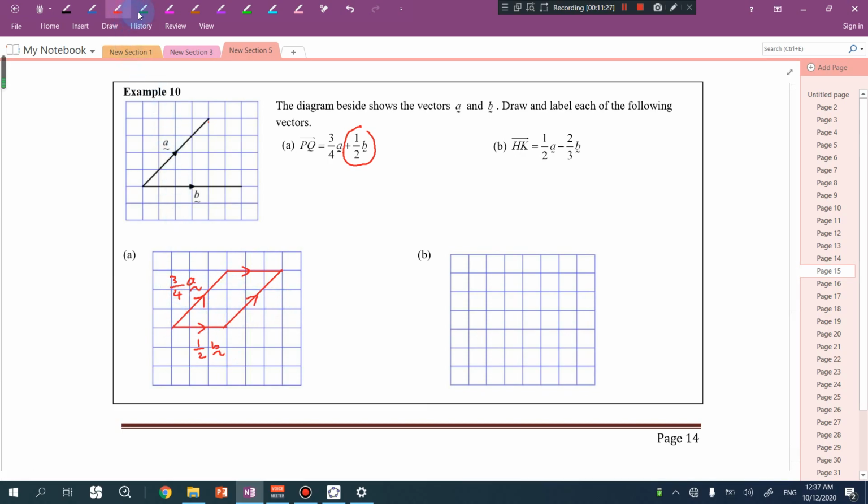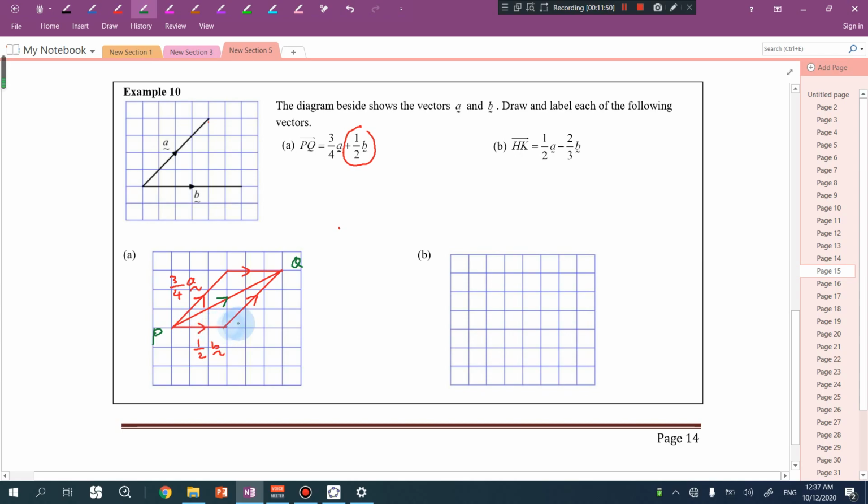So the diagonal, from here to here, is the resultant vector of 3 over 4a and 1 over 2b, which is PQ. This is P, this is Q. Okay, you still get the same answer.